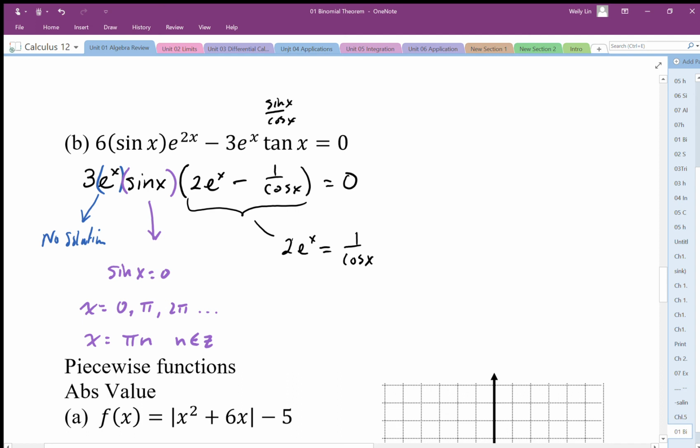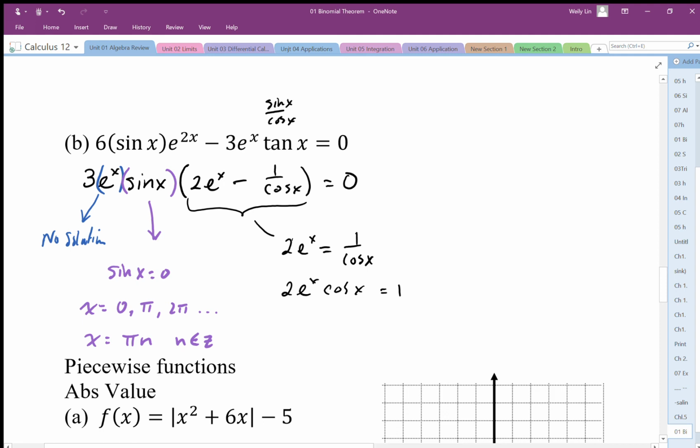And then, well, algebraically solving this is really difficult. In fact, we can't algebraically solve this. So we're really left with only a few options here. We can graph, or we can just guess. So I can try guessing at this. So I have 2e to the x times cos x equals 1.